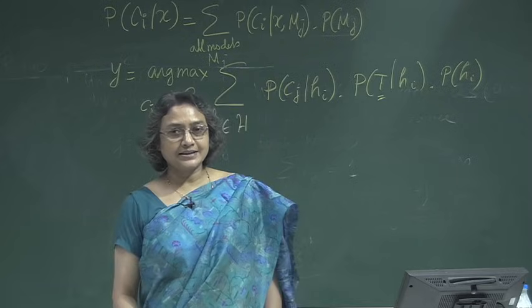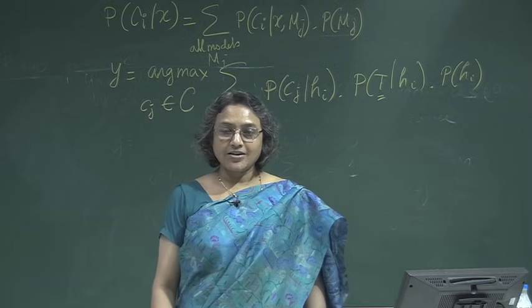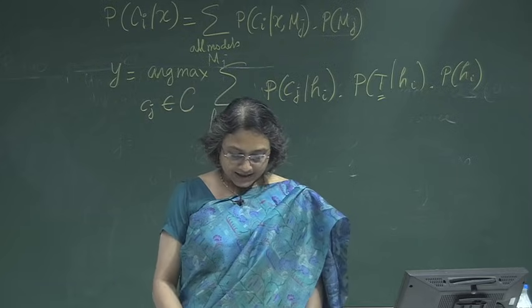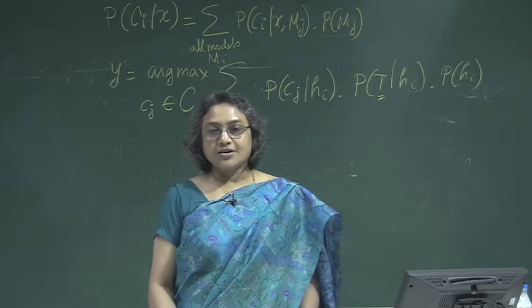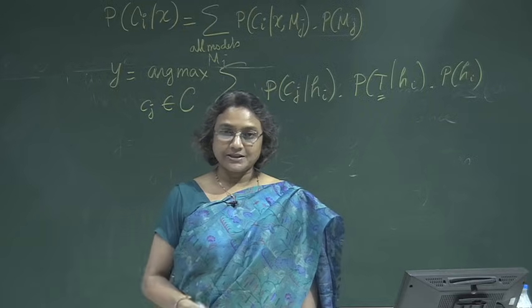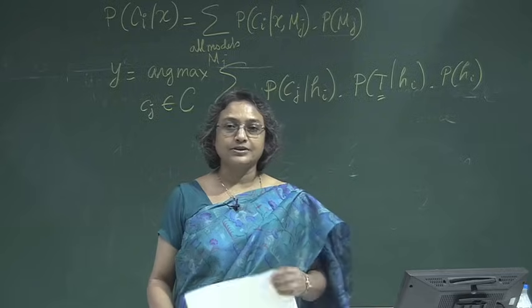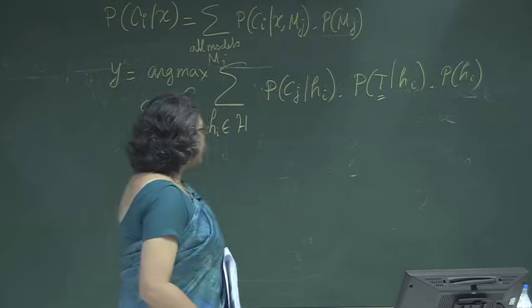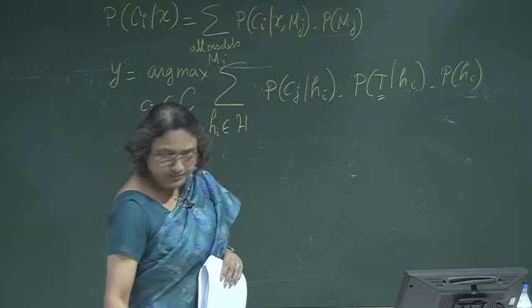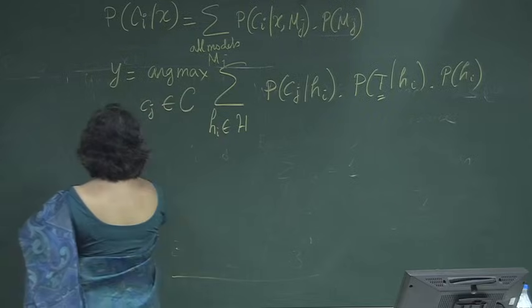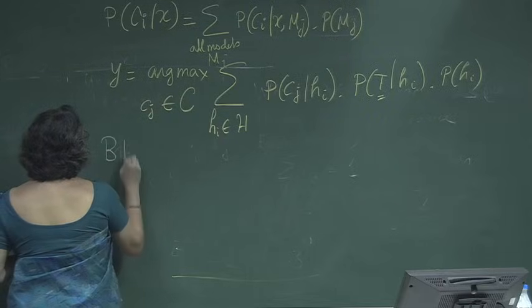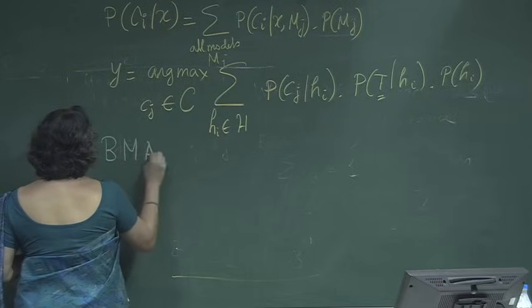But as I said, the Bayes classifier cannot be practically implemented because of various factors. The hypothesis space may be too large, and it may be difficult to get probabilities or prior probabilities of the hypotheses. There is a model which is sometimes used, called Bayesian model averaging, or BMA.